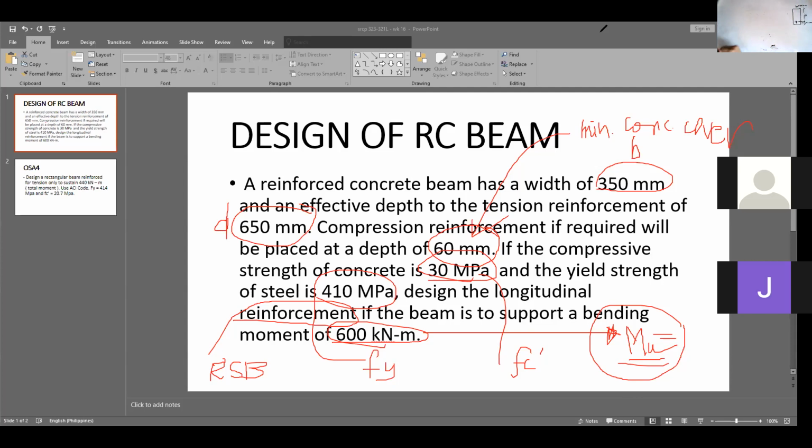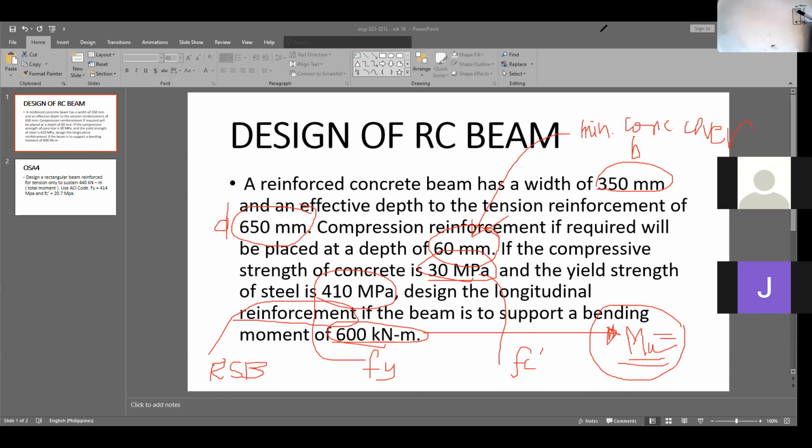There are two kinds of reinforcement for a beam. It can be tension only, just on the tension side, or both in the tension and in the compression side. Most often than not, in actual construction, beams are reinforced for tension and for compression, both.